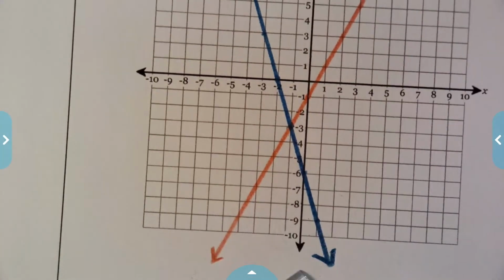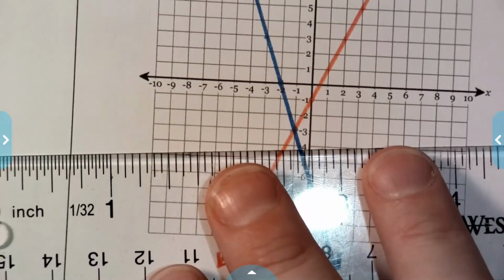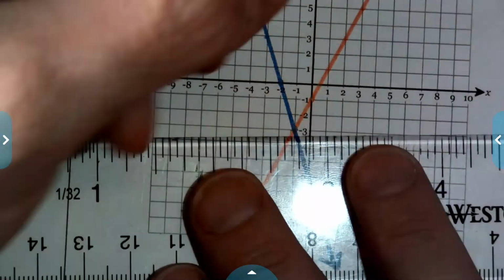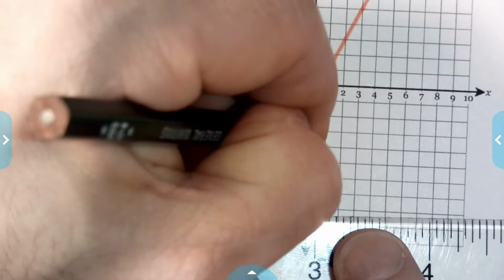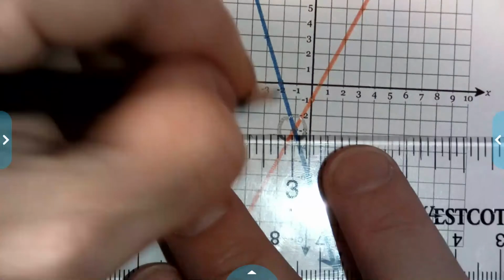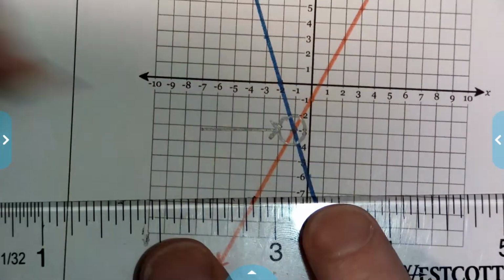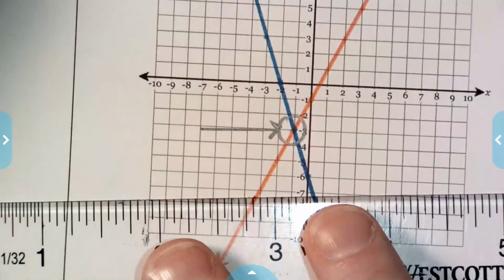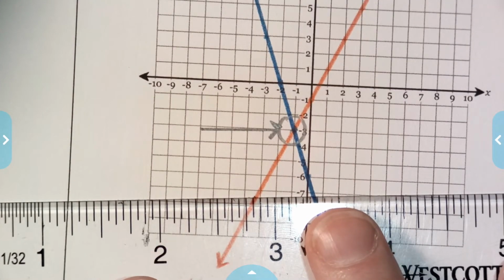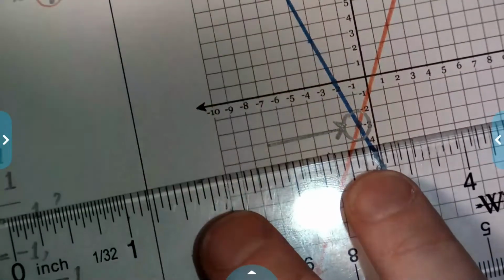And yes, the intersection point is right here. So I'm going to circle this and identify it very clearly. This is my intersection point, and the coordinates are -1, -3.